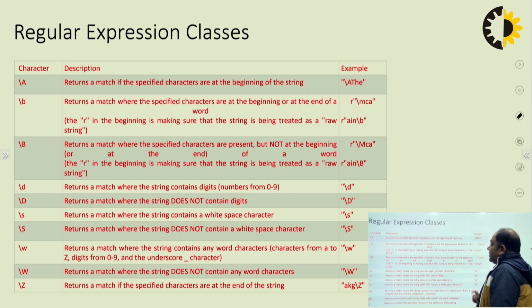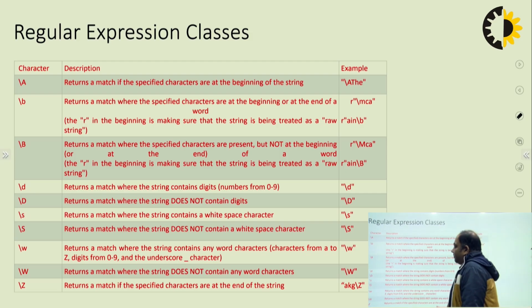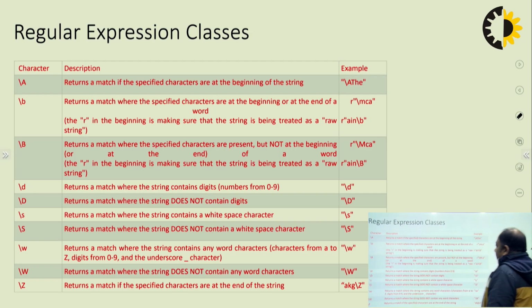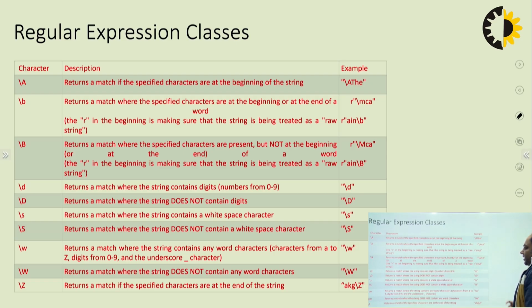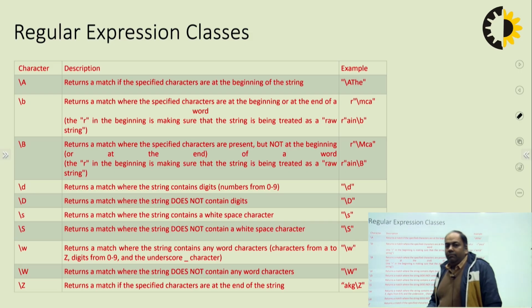So we use capital A, for example \AThe, meaning it should be specified at the beginning. \b (small b) returns a match where the specified characters are at the beginning or end of a word. \B (capital B) returns a match where the specified characters are present but not at the beginning; that should be at any point in your character specification.